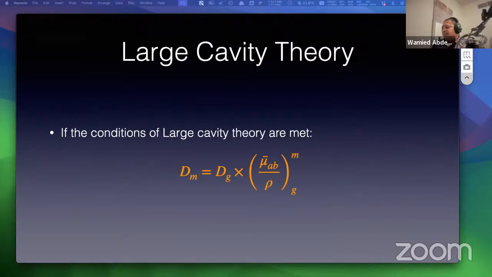So the fluence remains the same when the cavity is removed. If these two conditions are met, then the dose in the medium is equal to the dose in the cavity multiplied by the ratio of the mass energy absorption coefficients. Of course, here we take an average because we're averaging over the total photon fluence that is depositing the dose in the cavity.